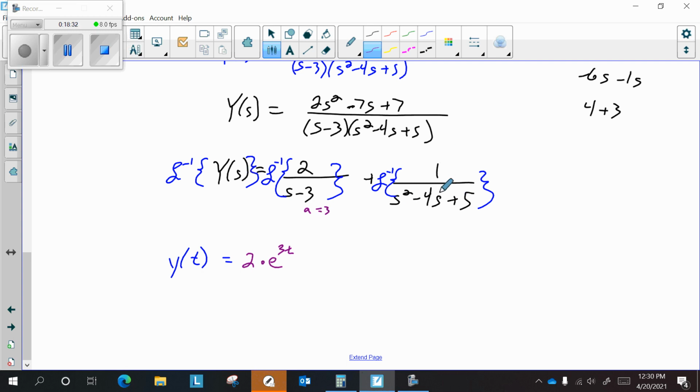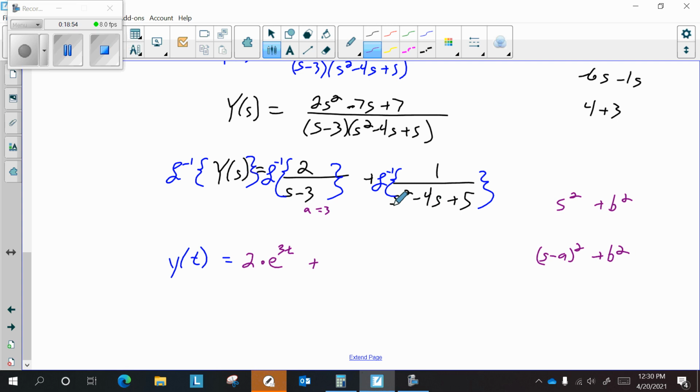This one we did one like this on the previous problem, but I'm just going to work through this again as a reminder. When we have a quadratic on bottom, we need that either as s squared plus b squared or s minus a squared plus b squared.